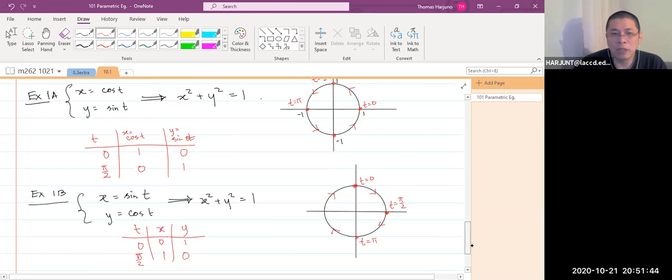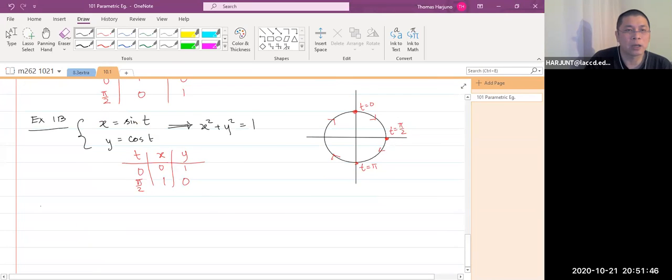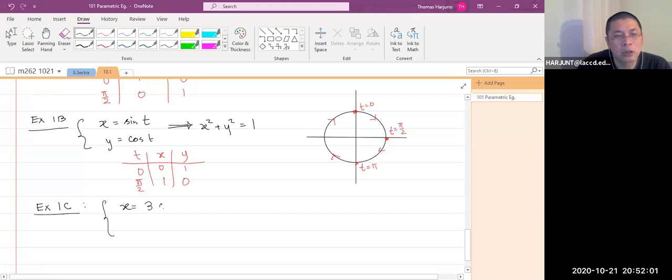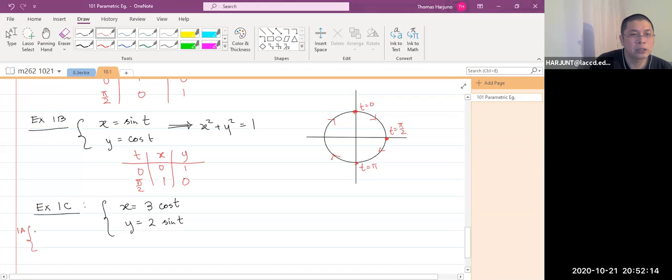Now, can you imagine what happens if I make it like this? I use example 1c here because it is related to example 1a. Suppose I make it x equals 3 cosine t, y equals 2 sine t. I want you to remember our example 1a is x equals cosine t, y equals sine t.